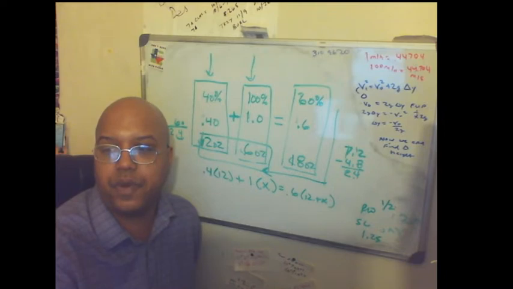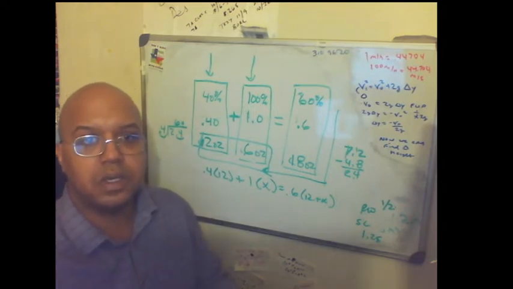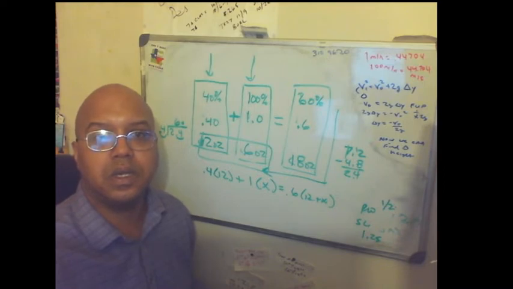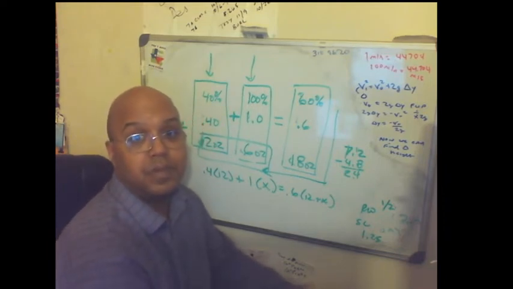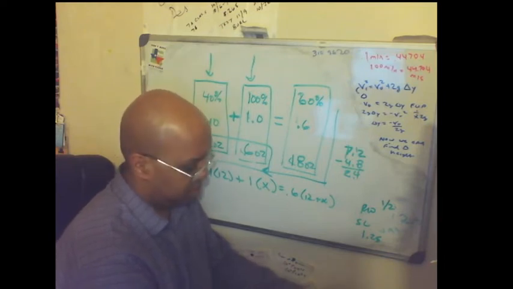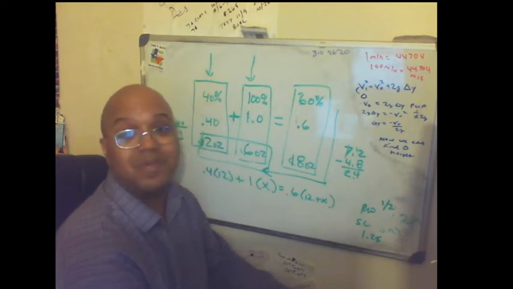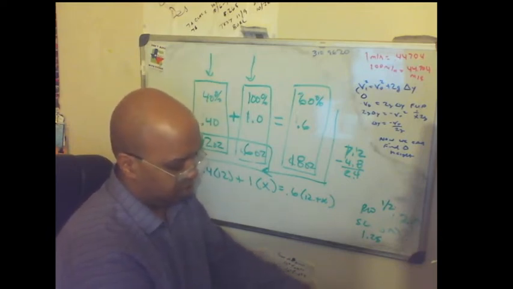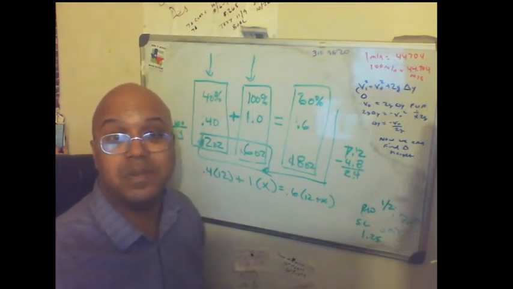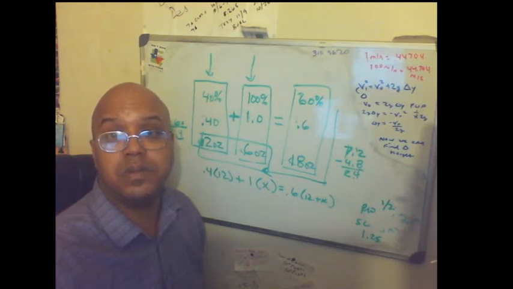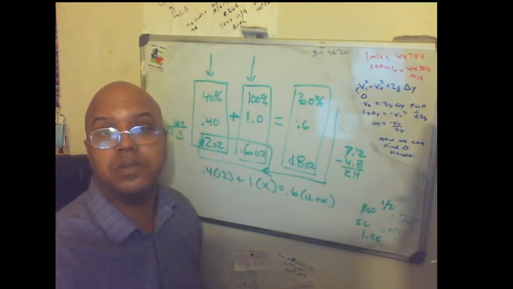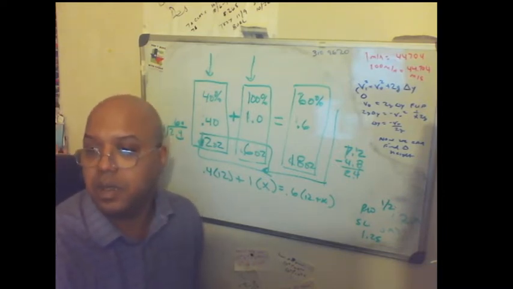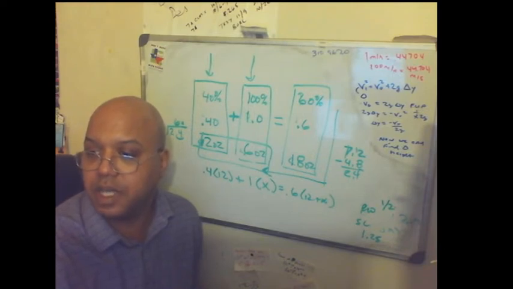I see 1, 2, 3, 4, 5 clears. Okay, 1, 2, 3, 4, 5, 6. I'll take the 6 clears.